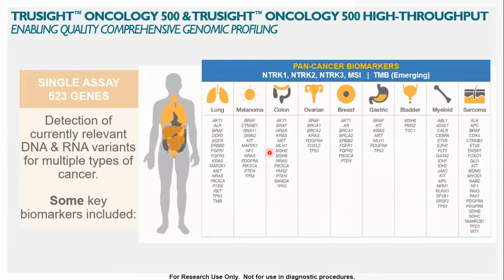DNA and RNA variants implicated in various tumor types. And TSO500 is one, with 523 genes screened at a time. Right, so it is pan cancer. It's also called a pan cancer biomarker because it can screen not one particular type of cancer, unlike what I was mentioning earlier, like 7 or 8 different types of cancer, but it does a pan cancer approach.